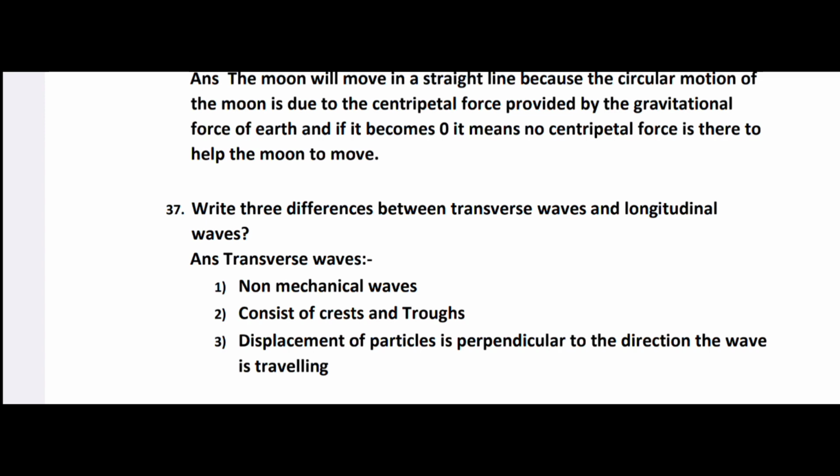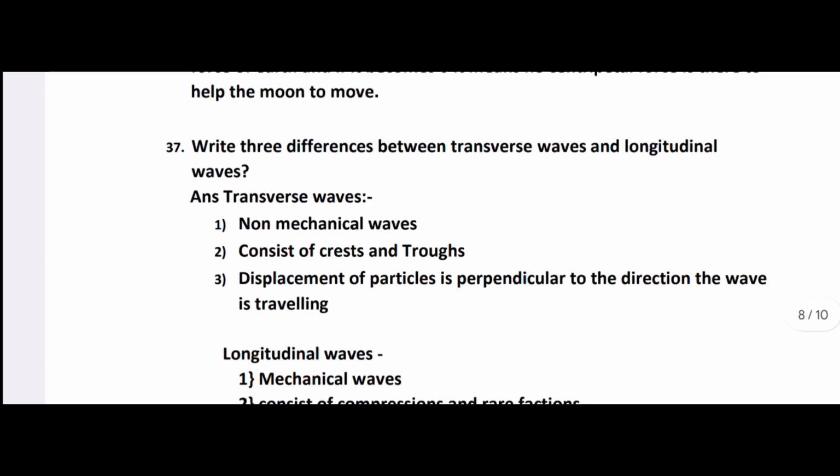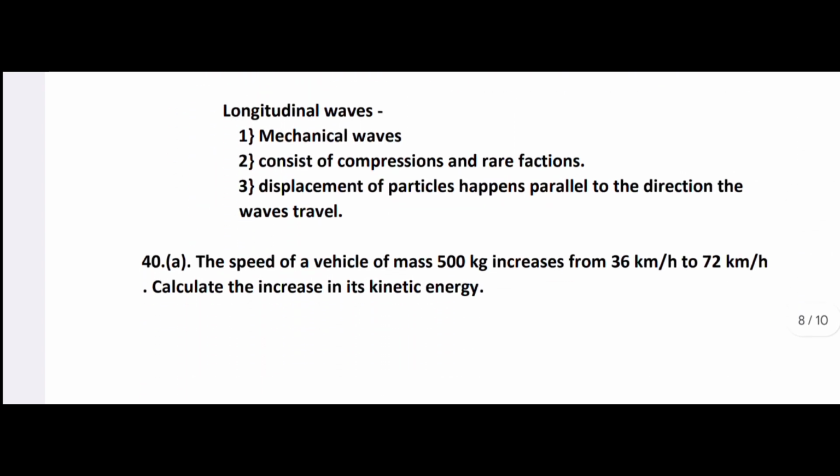Number 3, displacement of particles is perpendicular to the direction the wave is traveling. These are the three characteristics of transverse waves. Now look at the difference. Longitudinal waves, they are mechanical waves, consist of compressions and rarefactions. Displacement of particles happens parallel to the direction of the waves.